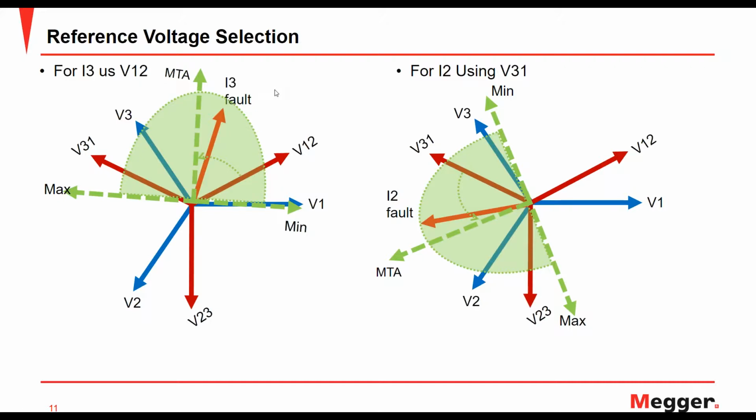And this is very important for us to understand because most of the common relays are using this configuration. You will not be able to understand or test them without understanding this voltage reference very carefully. So if anyone has any question, please write that down, and later on we'll answer any question regarding this reference voltage selection.